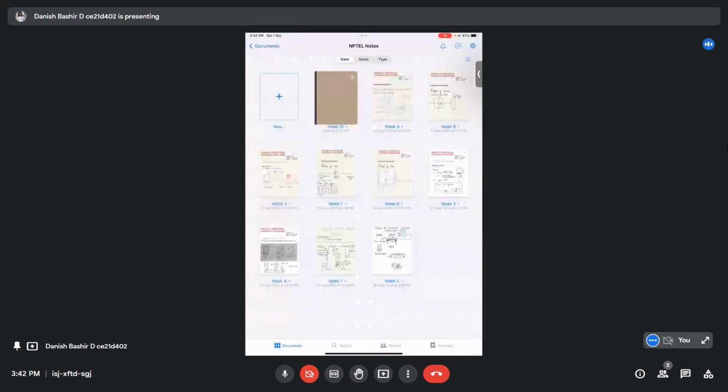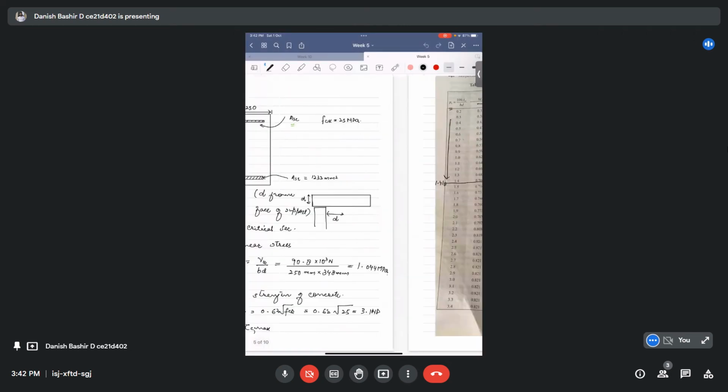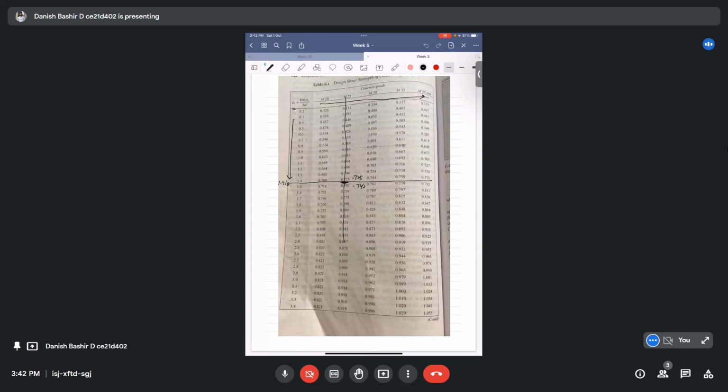I will show it again. In the earlier lectures, in the design of shear, I showed you how you can find this. Look, you have pt given, you have M20 concrete given, and we were given a percentage 0.296.